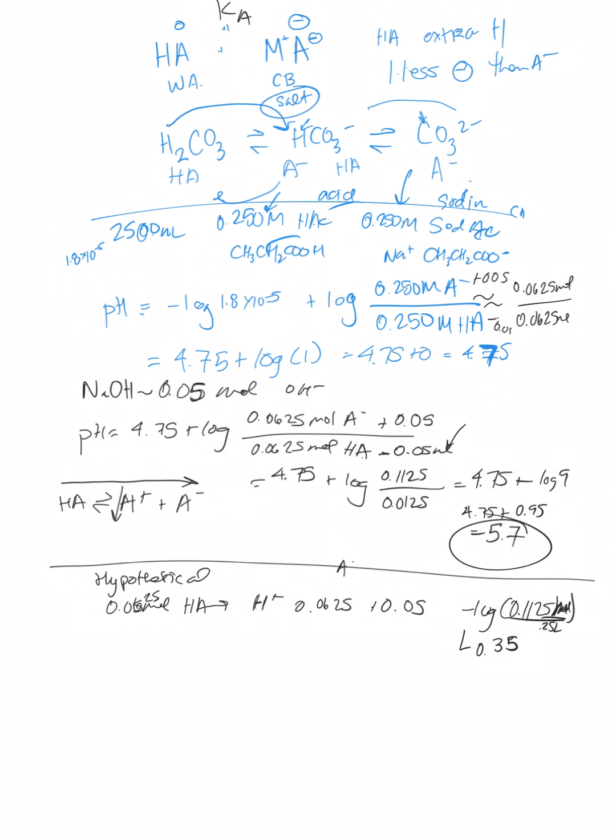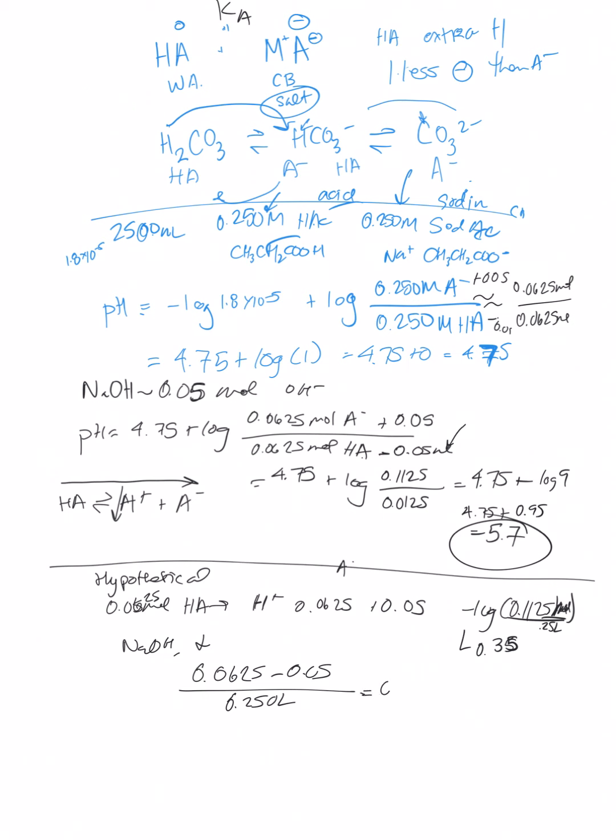So if we have a situation where we have the same amount of HA, and we were to add in a bunch of acid, we get 0.35. If we were to have the opposite scenario where we added NaOH and we were to decrease, so we have 0.0625 minus 0.05 over 0.250 liters to get our volume. 0.0625 minus 0.05 divided by 0.25.